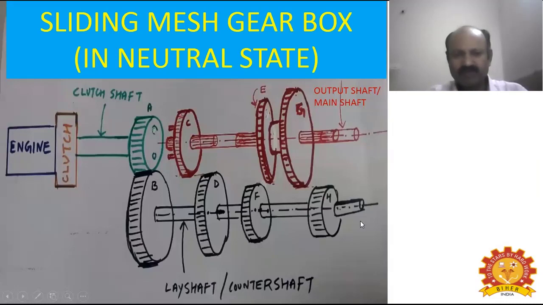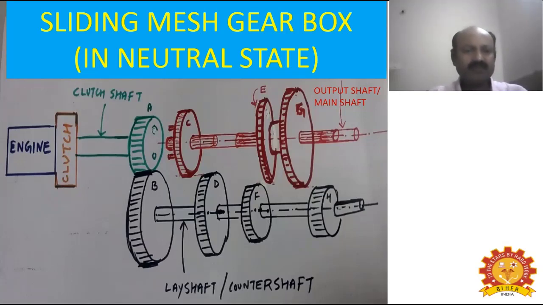For a four-speed gearbox, the counter shaft has four gears which are permanently fixed to the lay shaft. Whenever the lay shaft rotates, all these four gears rotate.